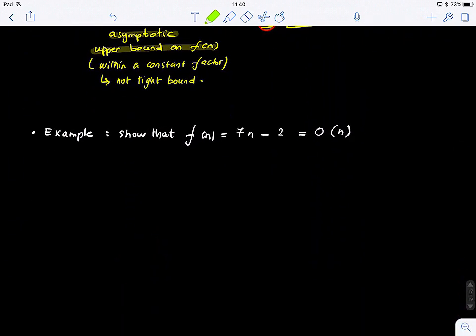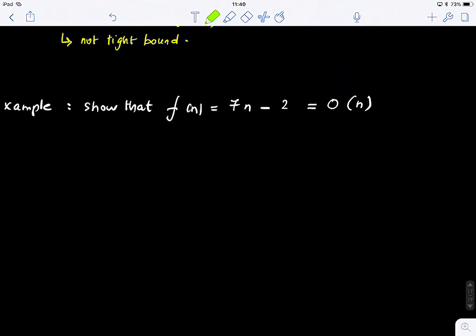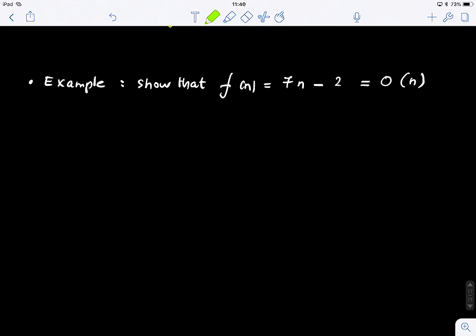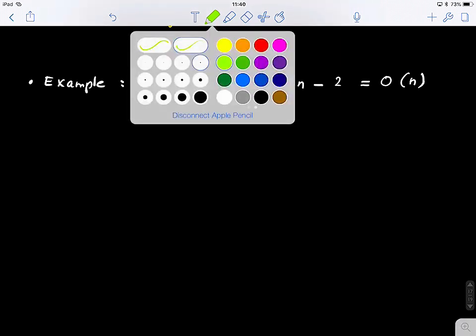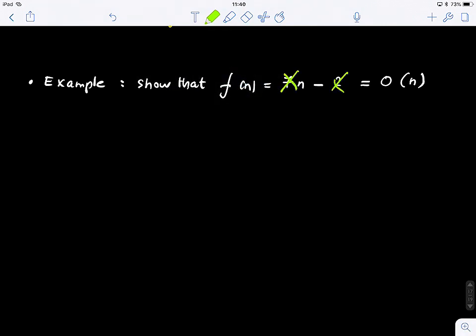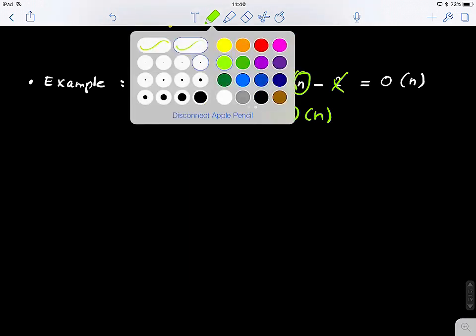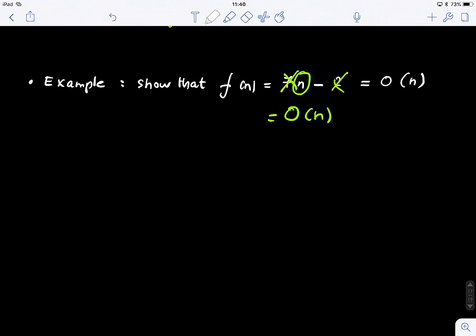So let's look at this example. What do you guys think about this? It's quite simple, right? We say the constants do not matter. This is the highest order, so f of n is in the order of n, right? Let's look at other examples. What if we have something like this? f of n is equal to 4 to the power of n plus 5n to the power of 9 plus 1000.